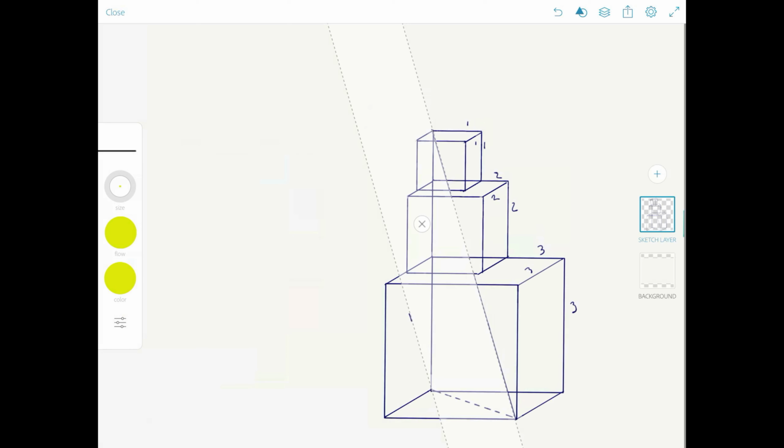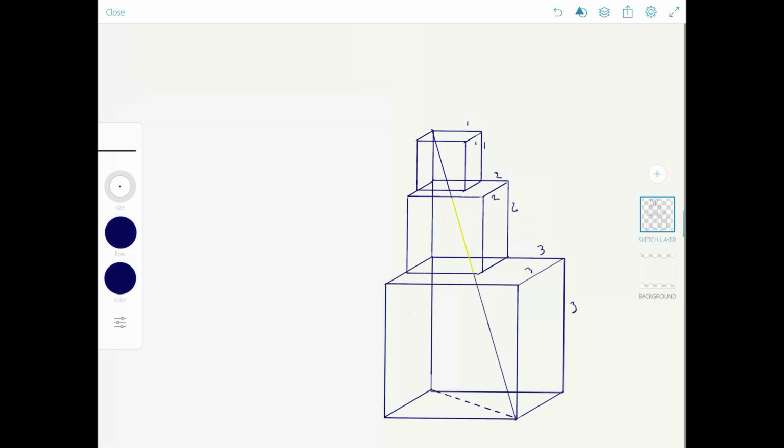This is it right there. Got to get this angle right. And once we have that lined up, I'm going to choose another color.